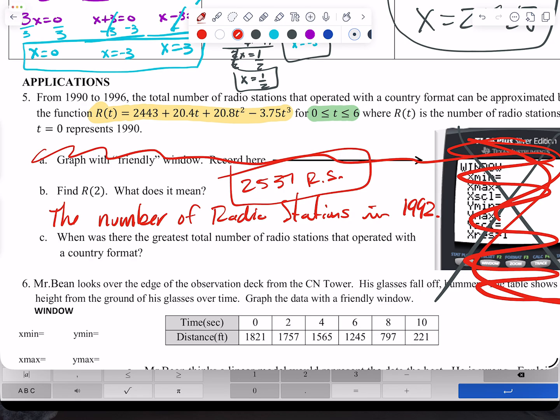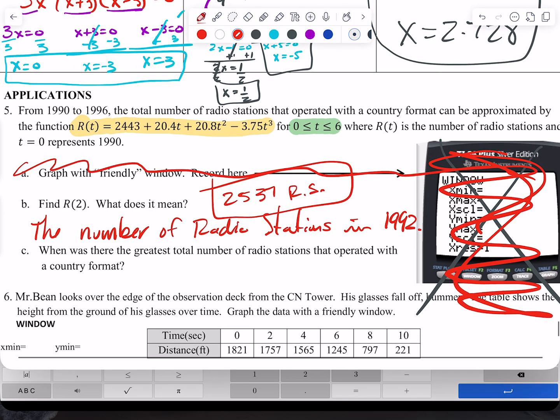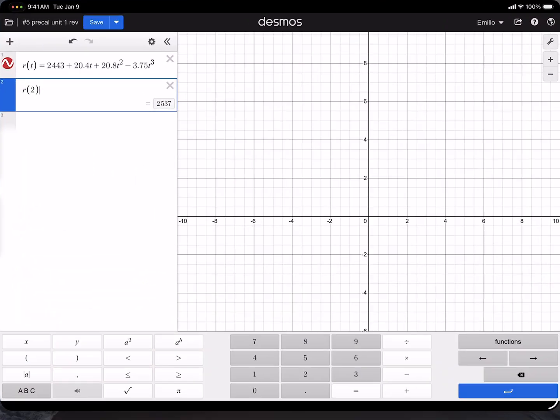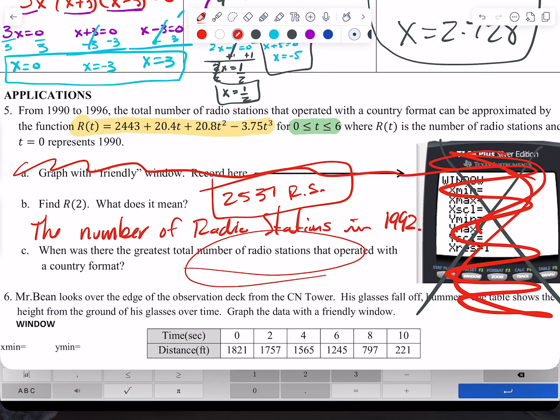Next is asking, when was there the greatest number of radio stations that operated in the country? So basically they're asking for the maximum. So let's go ahead and come to our Desmos. So now, I don't see anything. If you guys remember, you see the green, you see the 0 to 6.